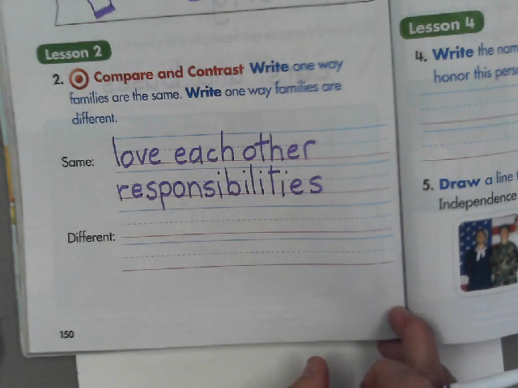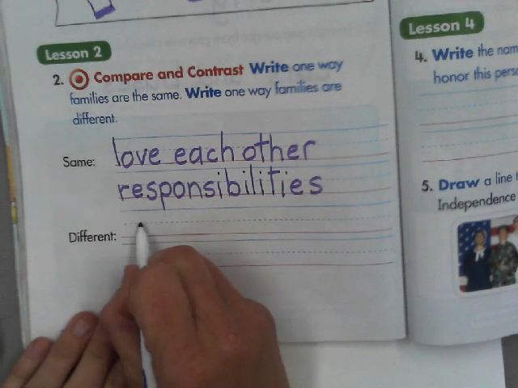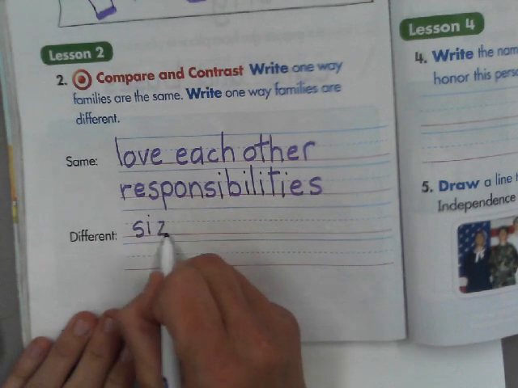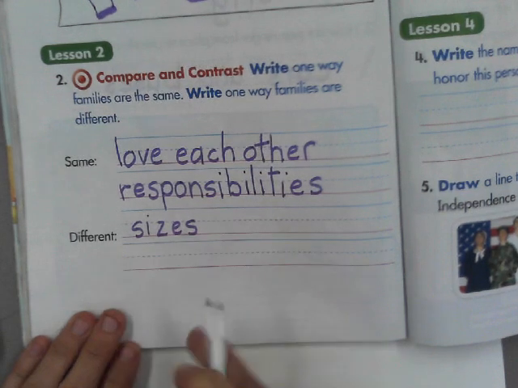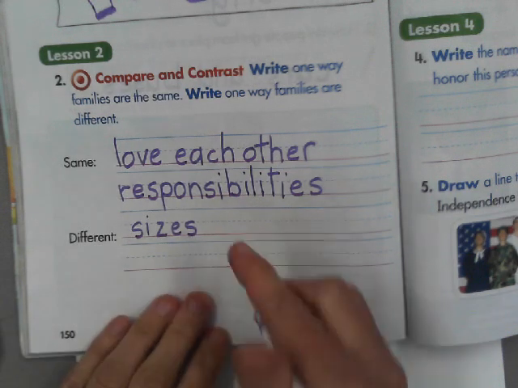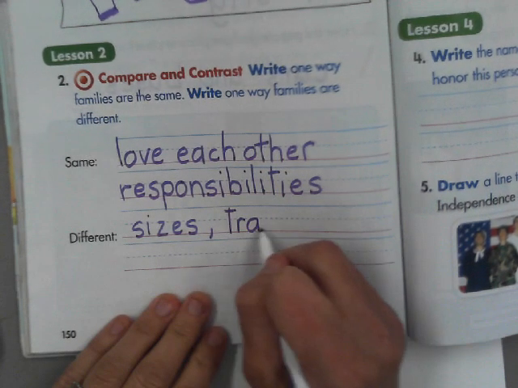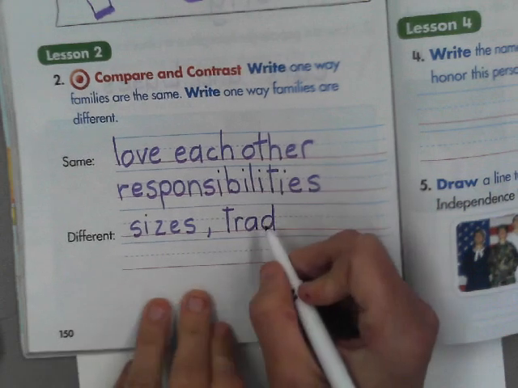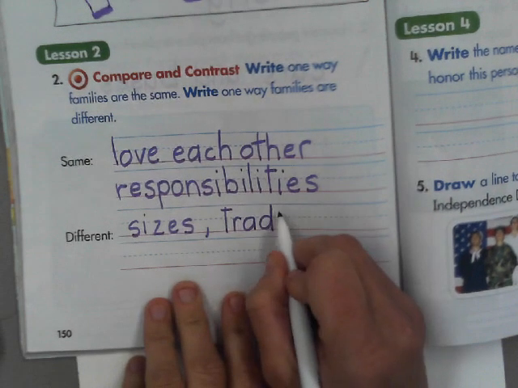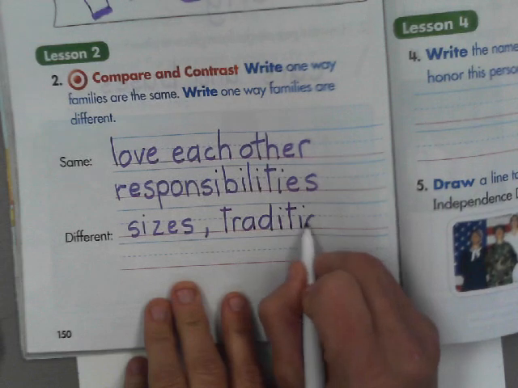What is a way in which our families are different? Well, we talked about that they are different sizes, right? Some of our families have a lot of people in them. Some of our families are smaller. They're different sizes, and I would say we have different traditions, right? What my family does to celebrate things might be different than what your family does.